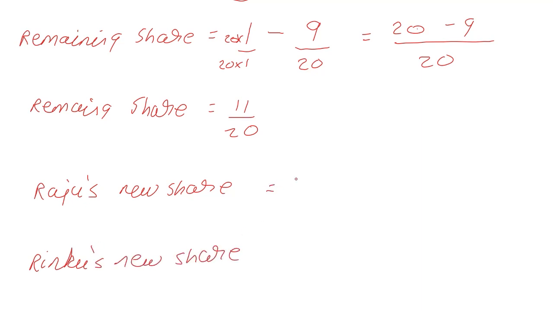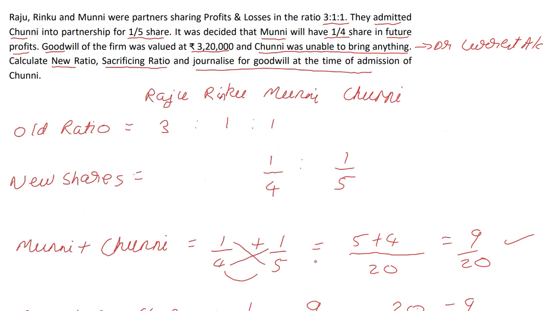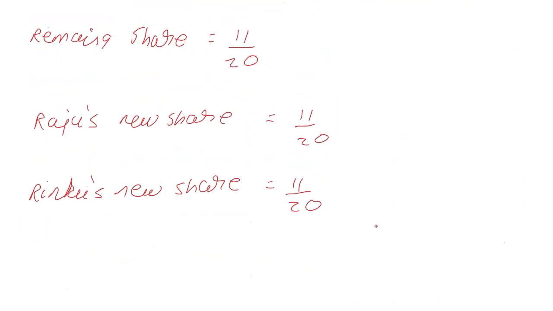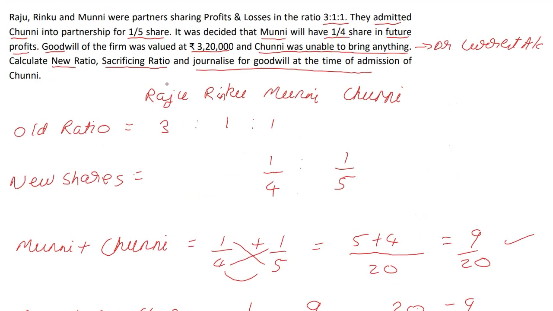That 11/20, both of them are going to get a share of on the basis of 3 is to 1. So I'm going to say 3/4 and 1/4. And then multiply, I get 33/80 and I get 11/80. And now that I have that, I can go upstairs and write it.